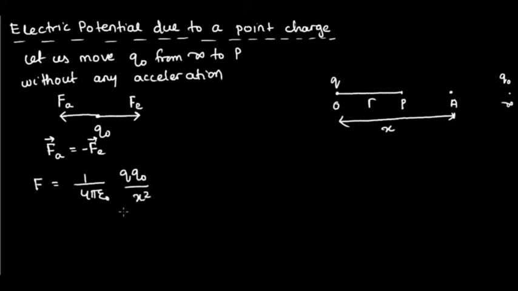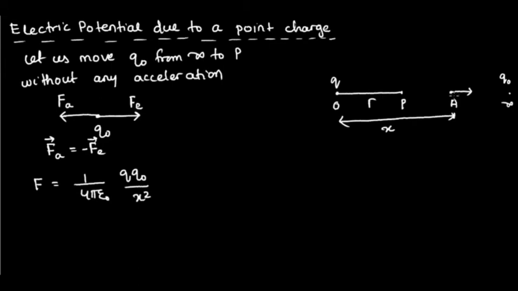And this electrostatic force is acting towards right. Is that clear? The force is acting towards right because it is the repulsive force. But in order to move the test charge towards the point P, we have to apply an equal amount of force towards left, so that the charge will move without any acceleration. Is that clear?